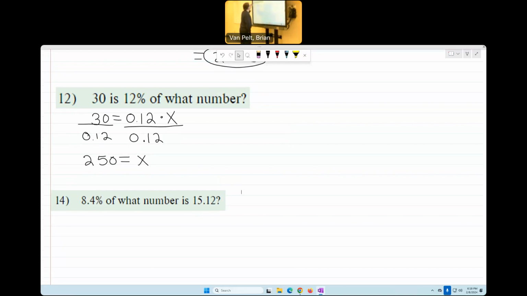We have this moved to the left two places, so it's 0.084. I'm going to talk about this for just a minute. "Of what number" means that I have times X on the left hand side. Then to solve, what would you do? You want to get X by itself, how would you do it? Remember, solving an equation is an undoing process.